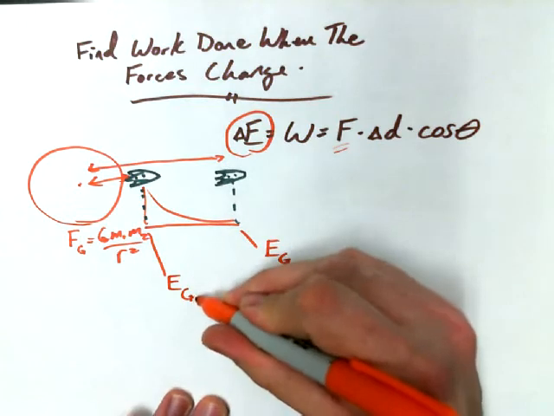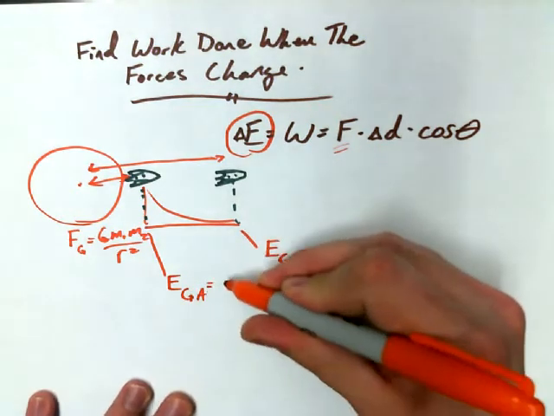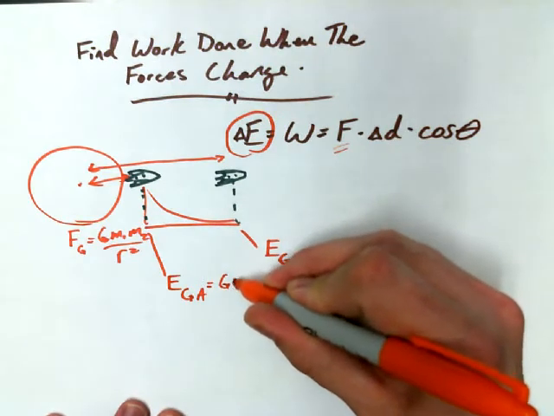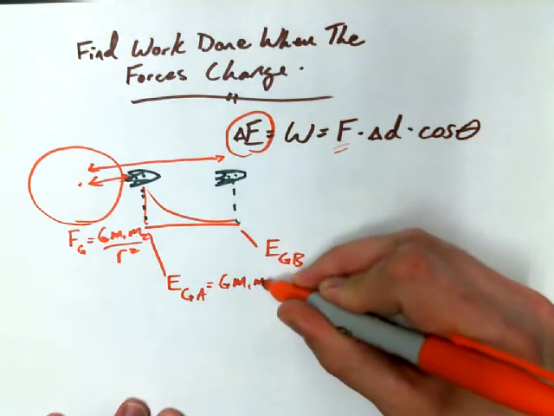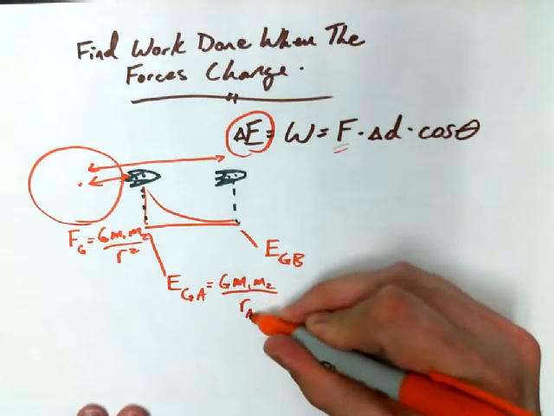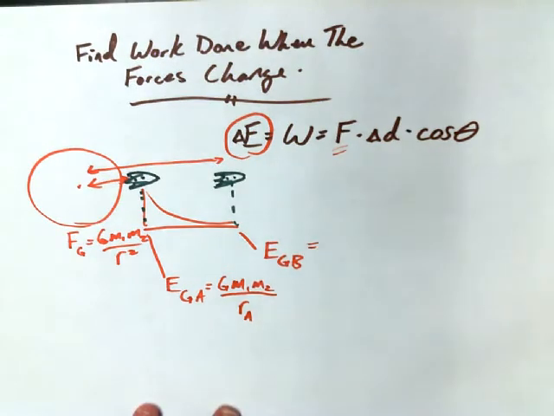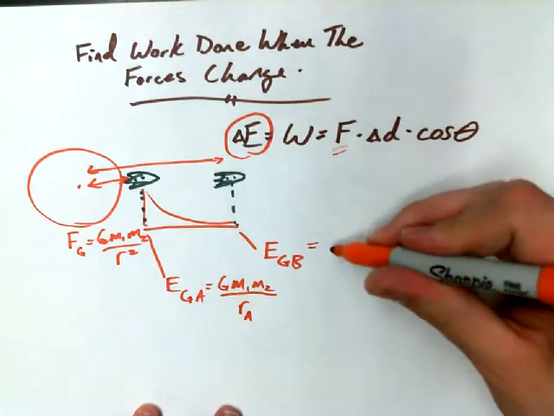Let's call it positions A and B. And I could calculate EGA by using G m1 m2, where mass 1 and 2 are the rocket and the planet, divided by RA, which is the distance between the rocket and the center of the planet when it starts this little trip.